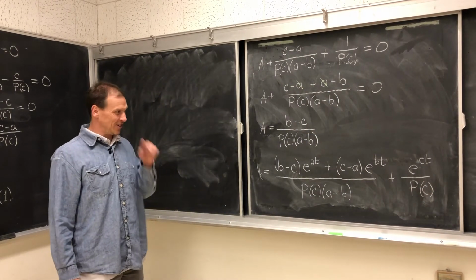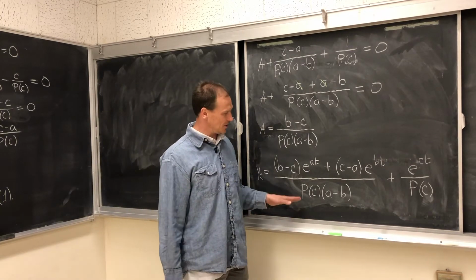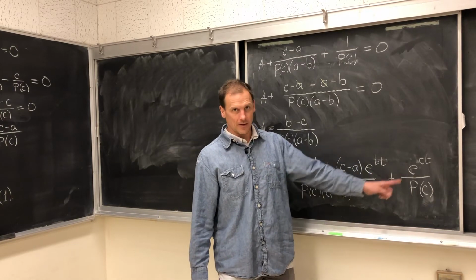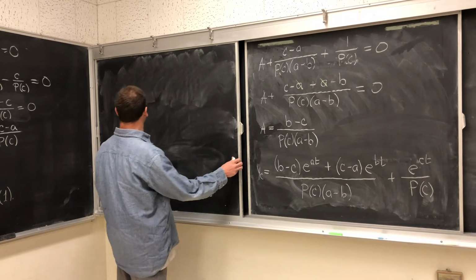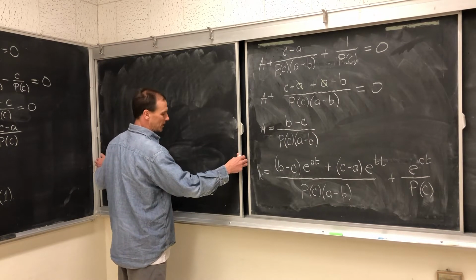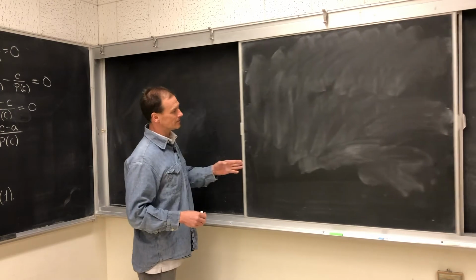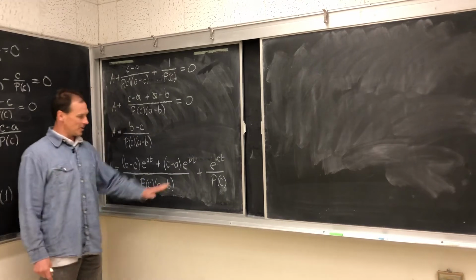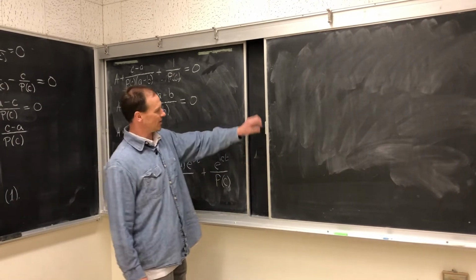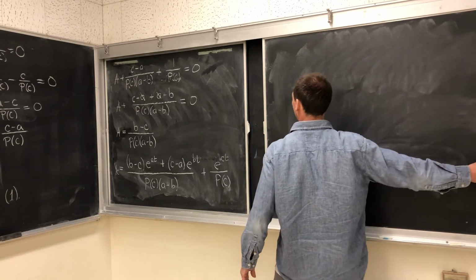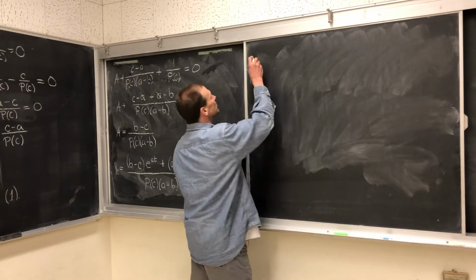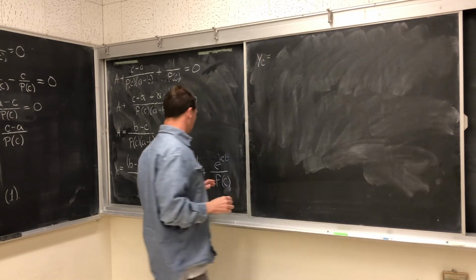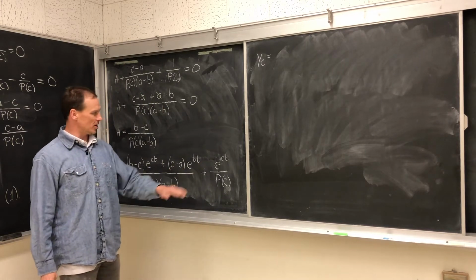This is where it gets interesting. We're going to add this fraction one more time, so I'm going to need an a minus b factor on this last bit of my fraction here. So I'm going to switch my board, so hold on a sec. There. Okay, so we're going to add these two fractions. When I do that, I'm going to get my complete solution. We're going to make one big long numerator here.